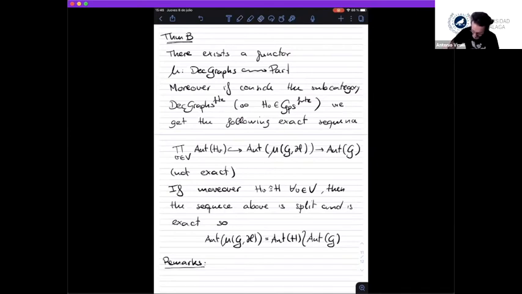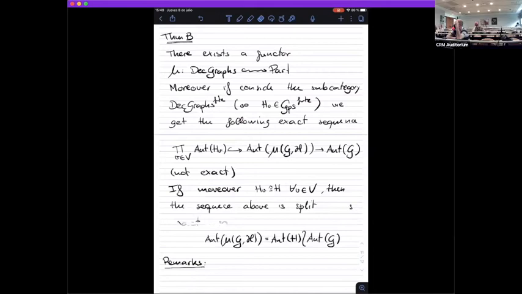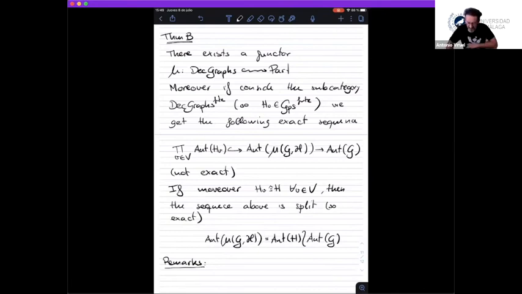Okay, so my English is not that good. You said the following exact sequence is not exact. So, in general, this sequence is not exact. In general, it's not necessarily exact. So it's not a short one.